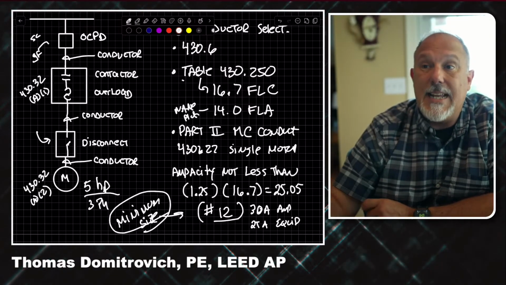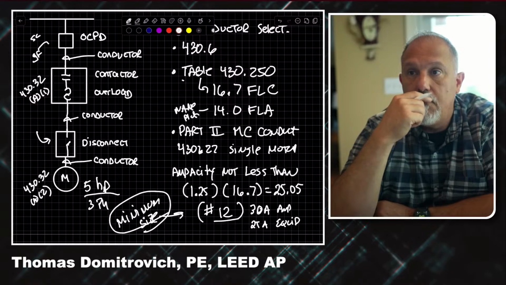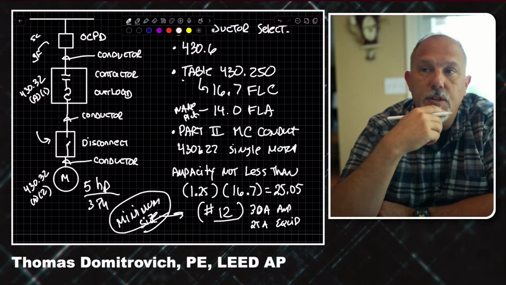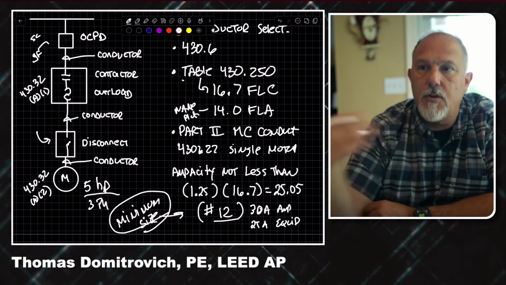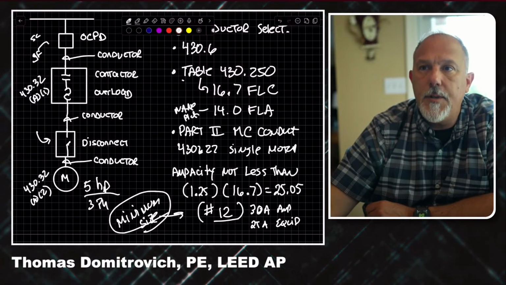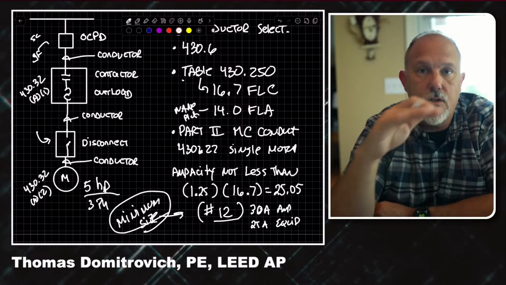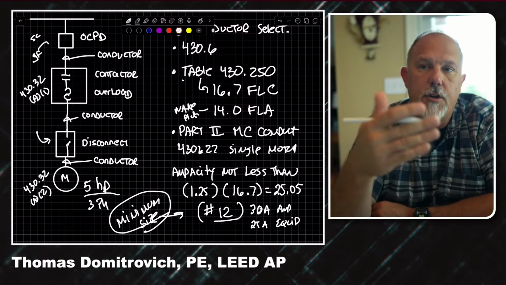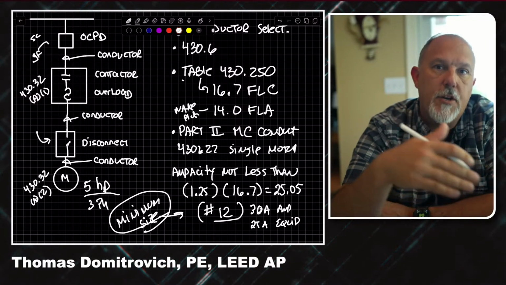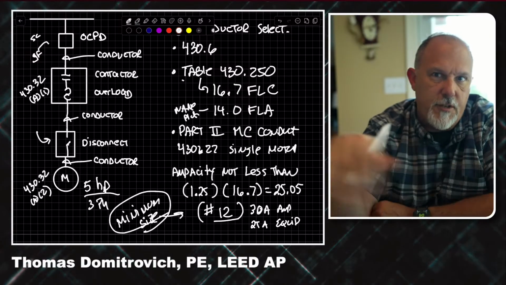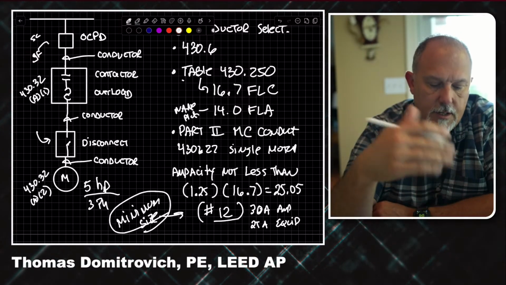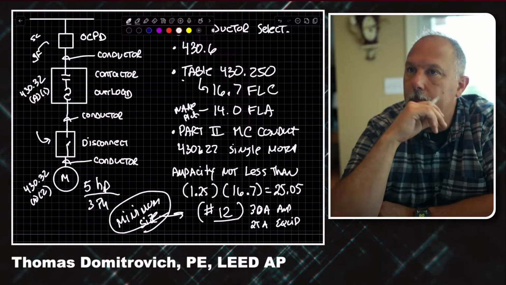And then A3 is integral with the motor. And then A4 is larger than 1,500 horsepower. That's not going to apply to us. So I'm going to be doing A1, separate overload device. We're going to go down this road first, then we're going to go to maybe a circuit breaker or a fuse that does the whole shebang. I'm just going to consider a contactor overload separate.